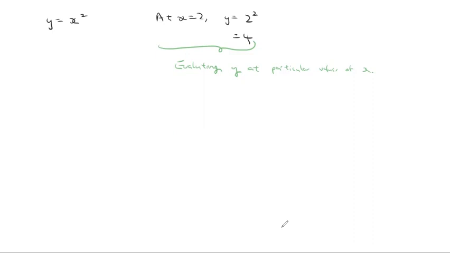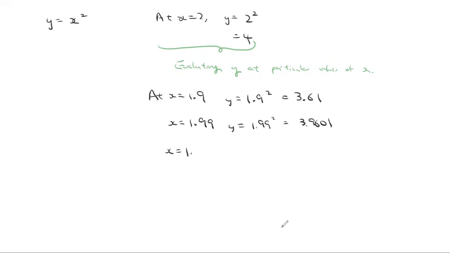So what about if I asked you at x equals 1.9? You can use a calculator, but that would be 1.9 all squared, which would be 3.61, right? And what if I said x equals 1.99? Then y would be 1.99 squared, which is 3.960, right?